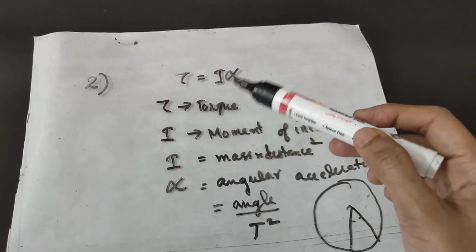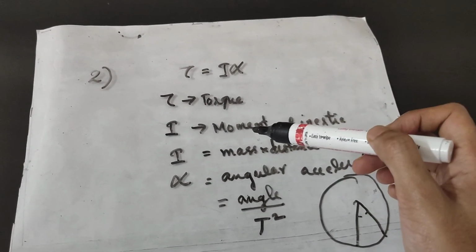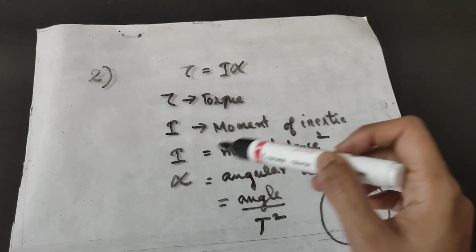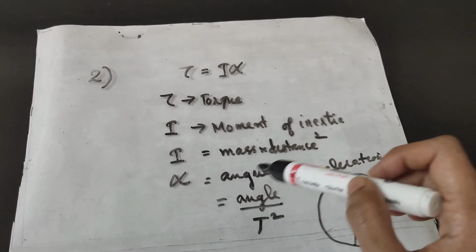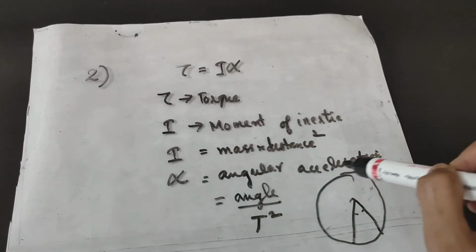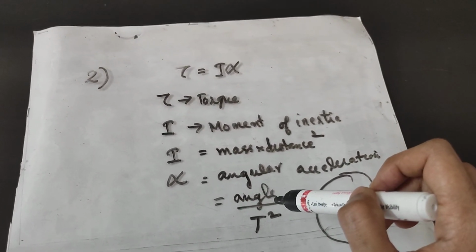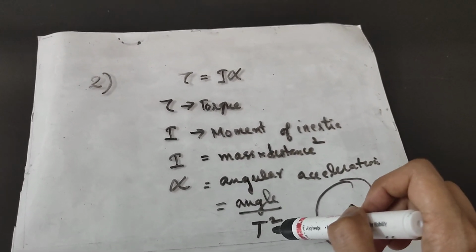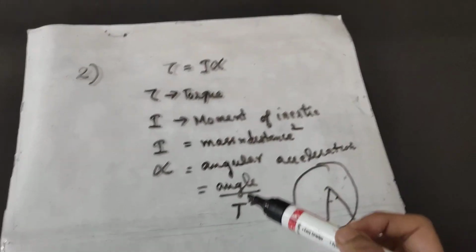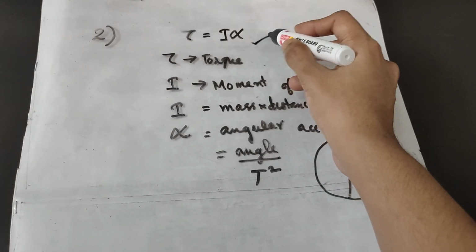So these are the three terms. One is torque, the second one is I, moment of inertia, whose equation is mass into distance square, and alpha is angular acceleration, which is equal to angle by time square. So let us check the consistency of this equation now.